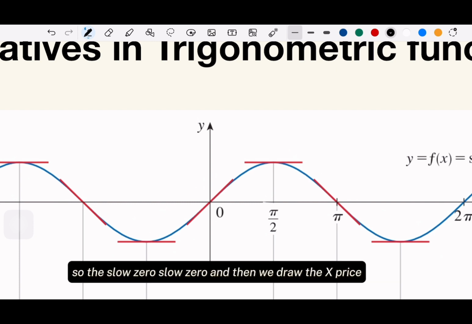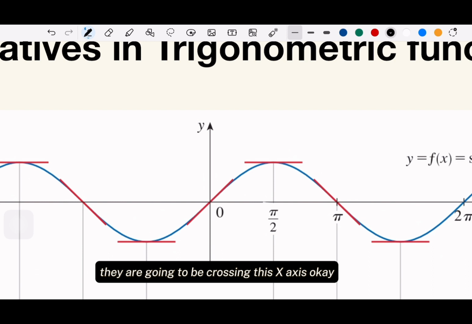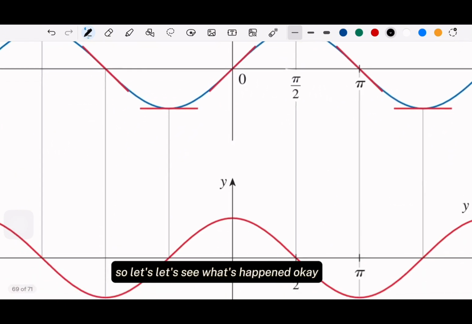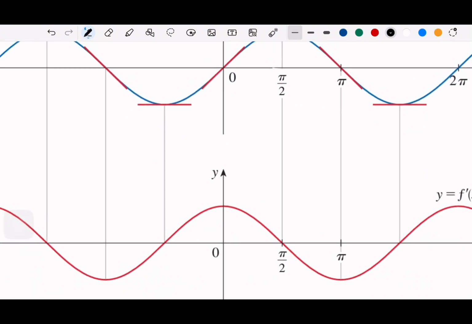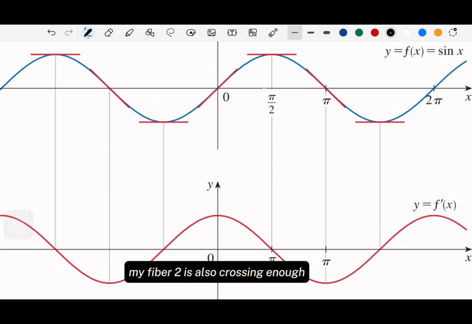So at slope 0, the f prime is going to be crossing the x-axis. Let's see what happens. At pi over 2, it's crossing. And at minus pi over 2, it's also crossing.